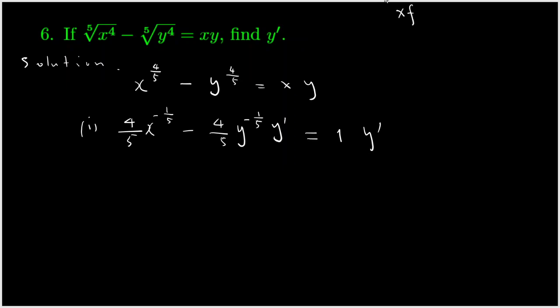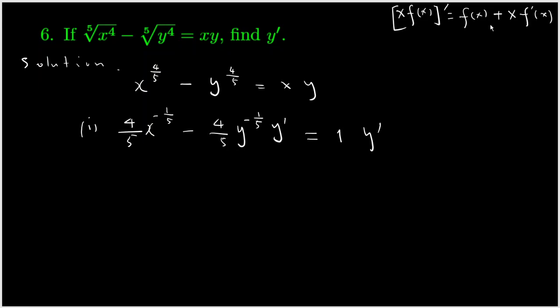So now let's say x times f of x. Use the product rule the following way: the derivative of the first factor, which is 1, times the second factor, f, and then plus the first factor times the derivative of the second factor.